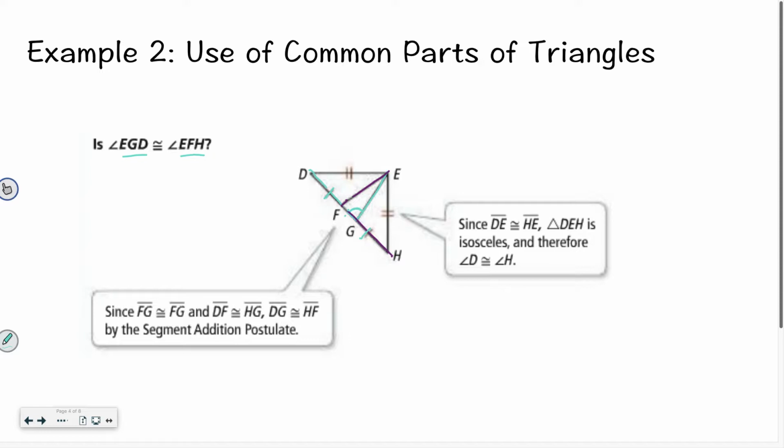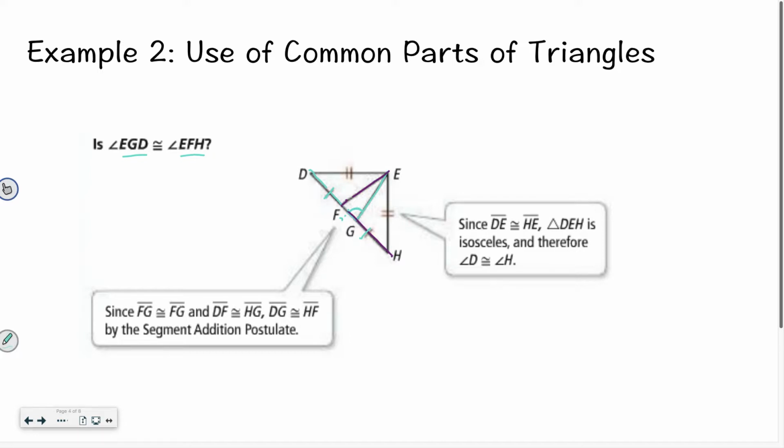Because if I have this side length that is congruent to this side length, and then we have that overlap, if I go this distance, that is the same as me going this distance. That's by the segment addition postulate, which we will use in our next slide.